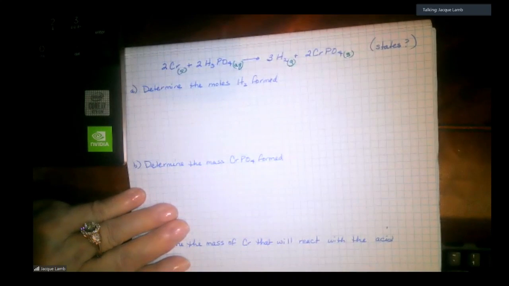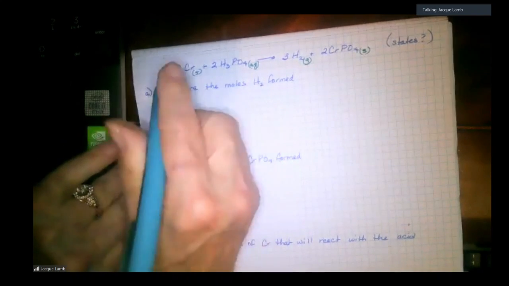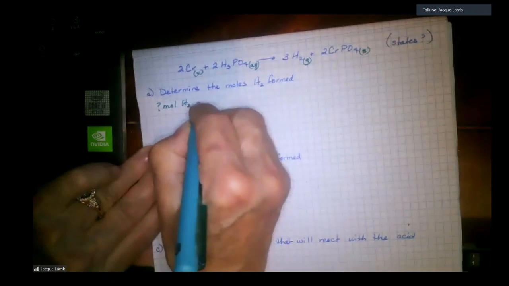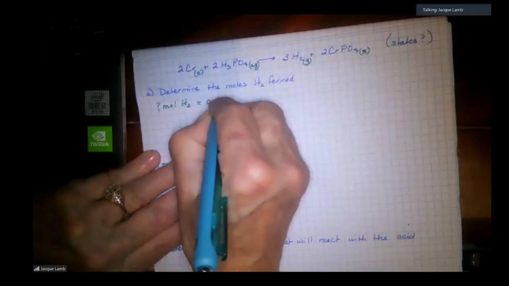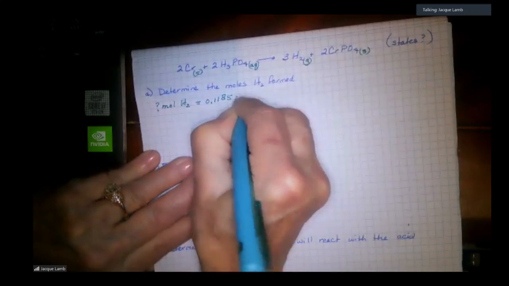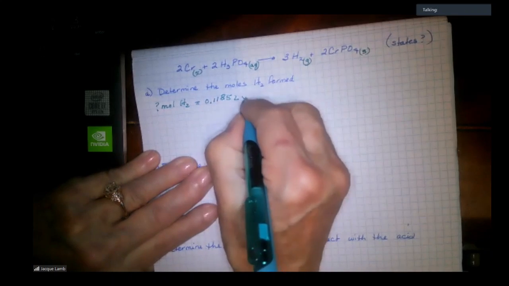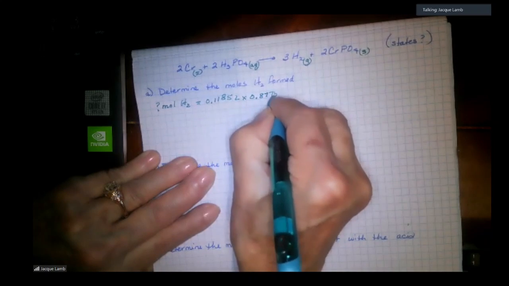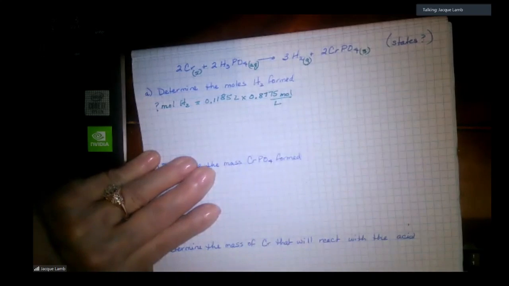Okay, so I was given a volume and a molarity. So let me write the question. The question is, how many moles of H2 equals 0.1185 liters? It was 118.5 milliliters, so I converted that to liters, times 0.8775 moles per liter. So that is the molarity of the solution.